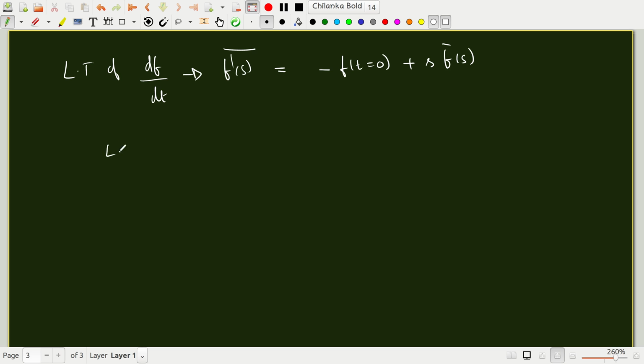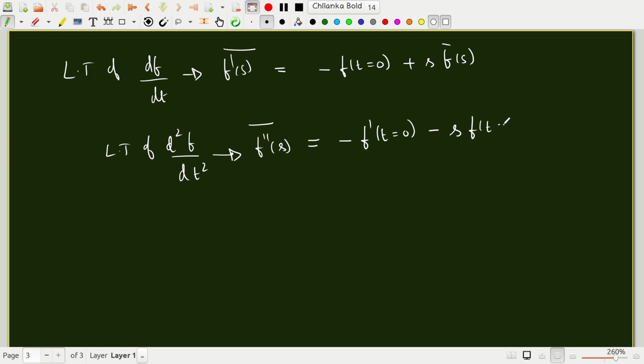Now similarly you can also do in the same way using integration by parts the Laplace transform of the second derivative, d squared f by dt squared, and that you will find to be minus f prime at t equal to 0, minus s f at t equal to 0 plus s squared f bar of s.